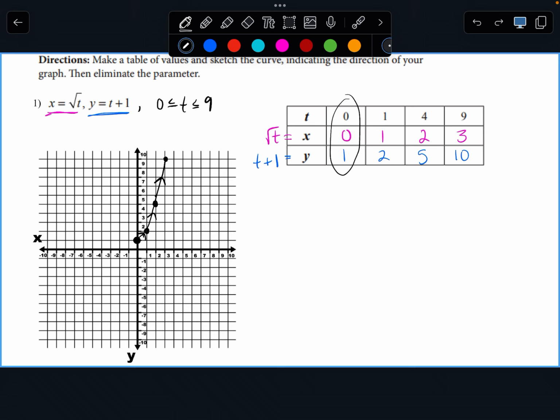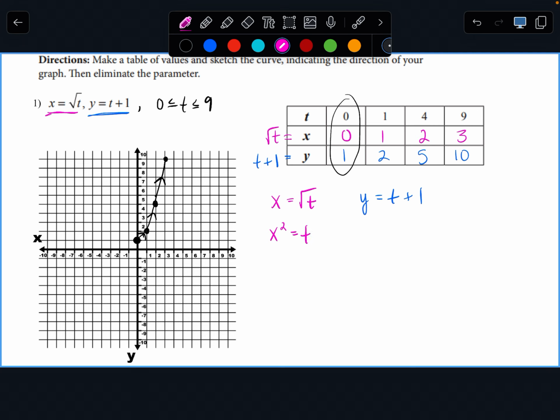So essentially you have your 2 equations, right? And you just need to solve it using basically substitution, which is usually what I use all the time. So I usually solve for t in one of them. For this one, I'm going to solve for t, get x squared equals t.